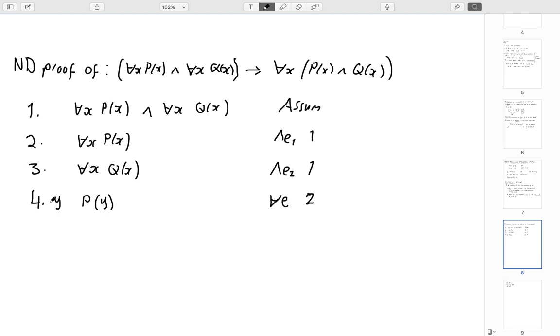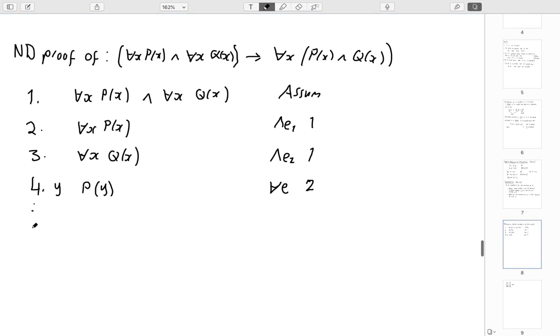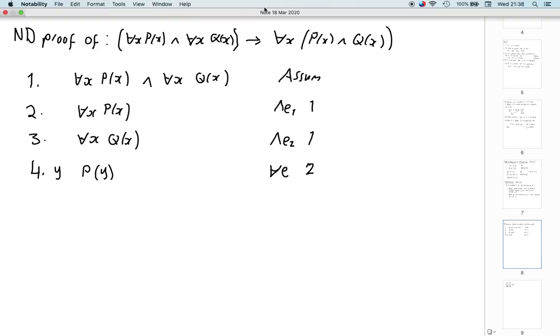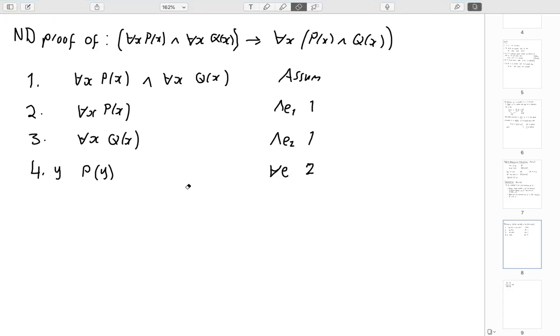So we've got P holds for y, but also by line 3, Q holds for all x.